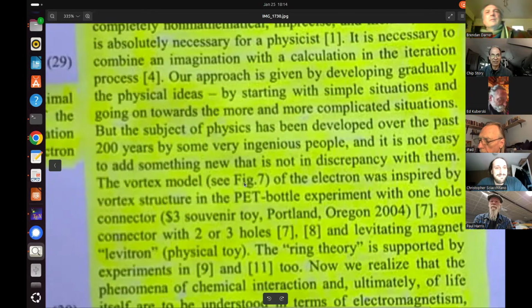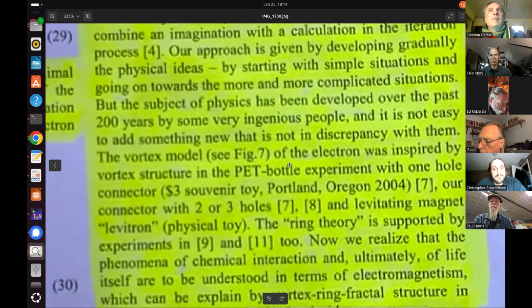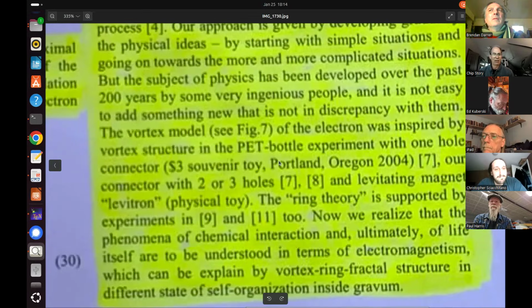Our approach is given by developing gradually the physical ideas, starting with simple situations and going towards more and more complicated situations. But the subject of physics has been developed over the past 200 years by some very ingenious people, and it is not easy to add something new that is not in discrepancy with them.